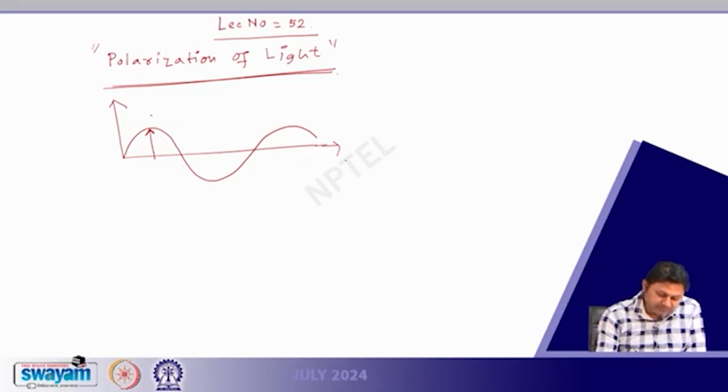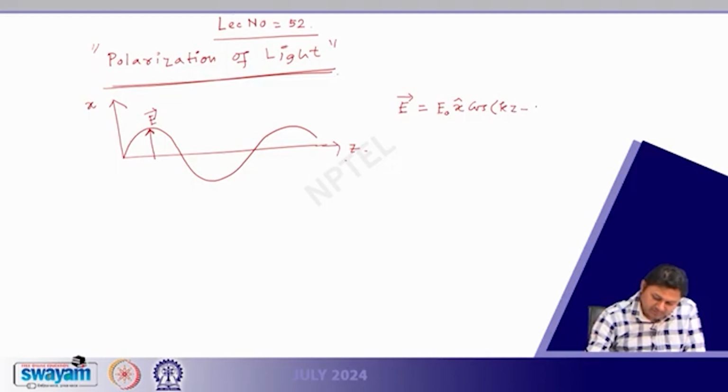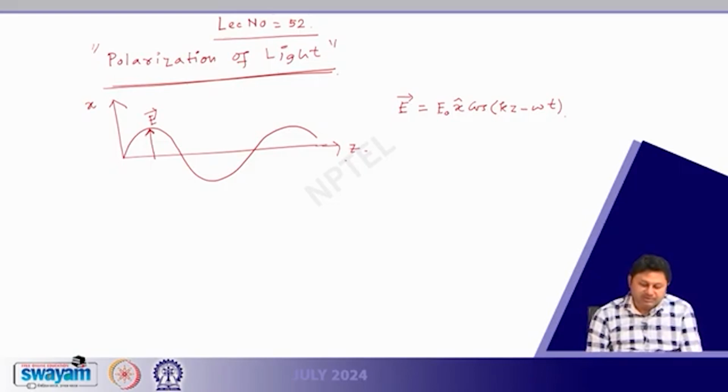So, if I write this direction as x direction and this direction as z direction, the electric field E, which is a vector quantity, I can write as some amplitude E naught with a unit vector and then cos of say kz minus omega t, that is a propagating wave, and this is the way we represent.